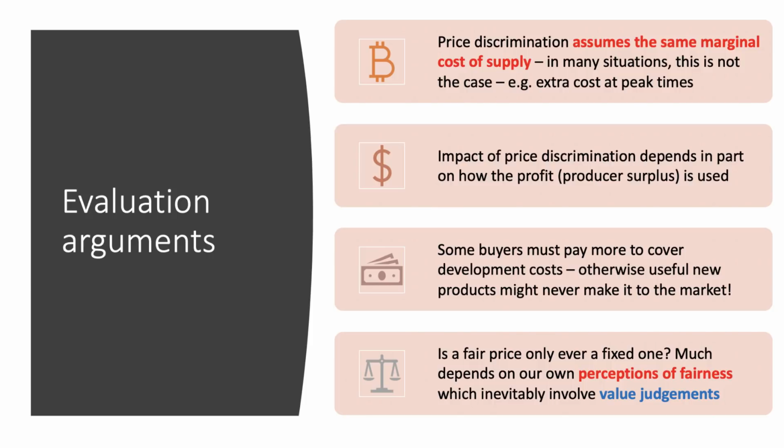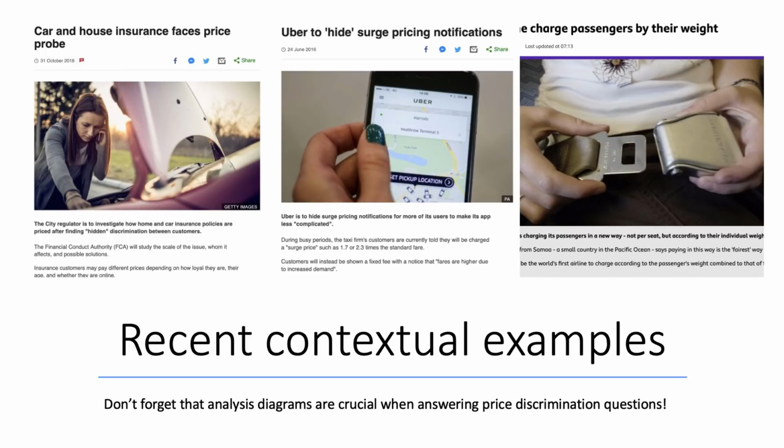Otherwise, if the firm can't cover their R&D costs, often useful products might never make it to market. And then there's this big question again of fairness. Is a fair price only ever a fixed one? This really does depend on our own perceptions of fairness, and it's always good to talk in an essay about the need to make value judgments at some point in time.